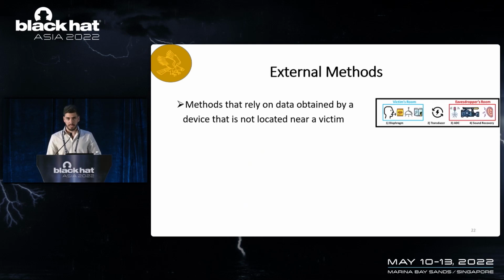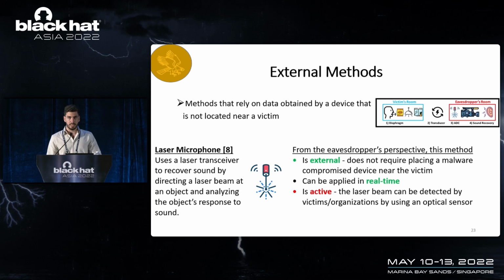Now, we're going to discuss the external methods. External methods are methods that rely on data obtained by a device that is not located near the victim. The most famous external method that we know today is the laser microphone, which uses a laser transceiver to recover sound by directing a laser on an object and analyzing the object's response to the sound.